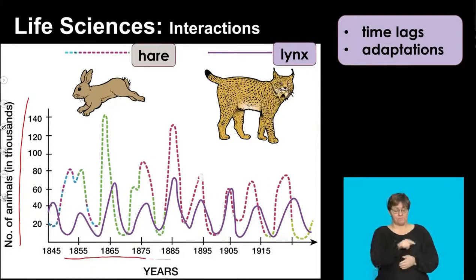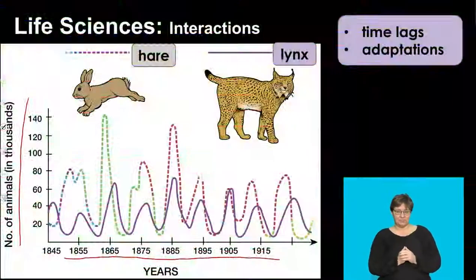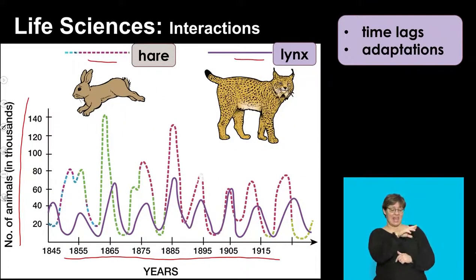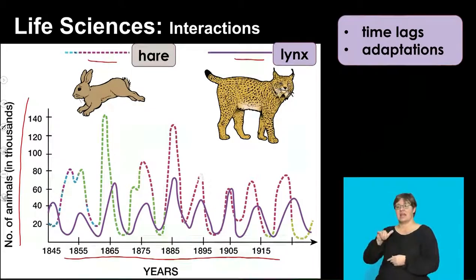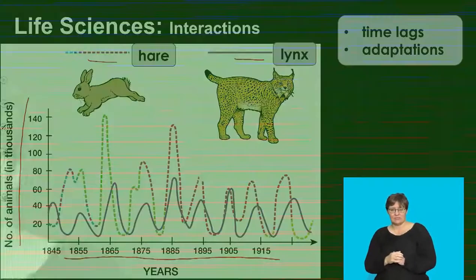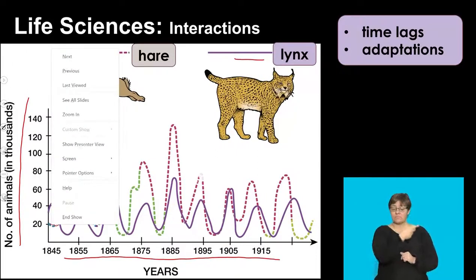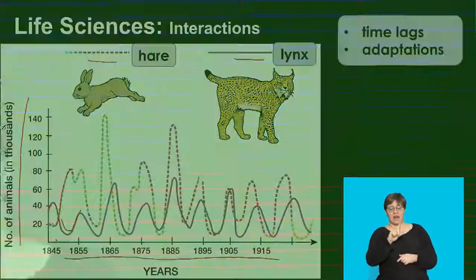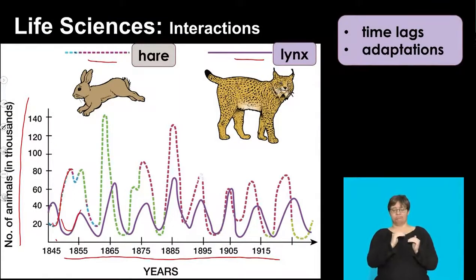On our x-axis we've got years, and in the green we're showing the hare, and in the purple we're showing the population of lynx. Let's start off following the hare. We can see that the hare population increased, and just behind it the lynx population was increasing. More hares, more food for the lynx. That means that food is not limiting, so the lynx population will grow.